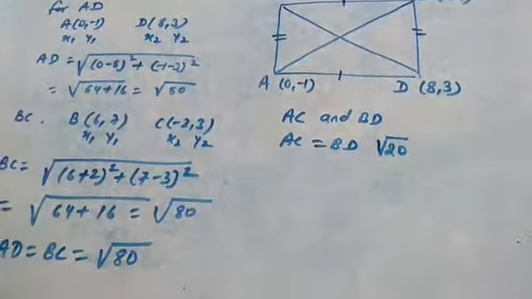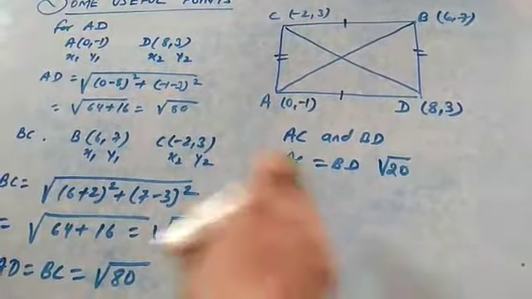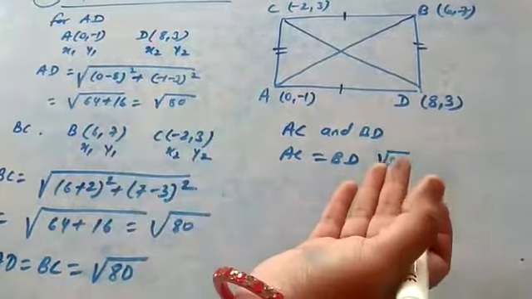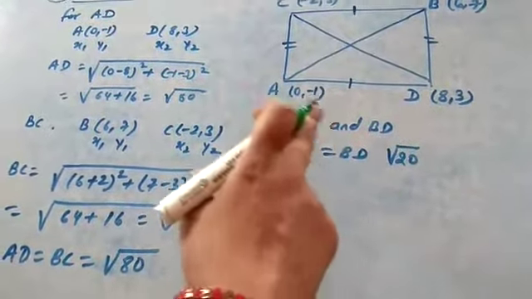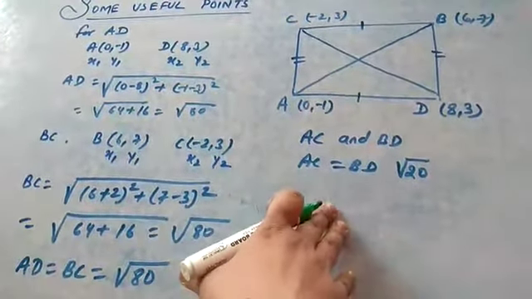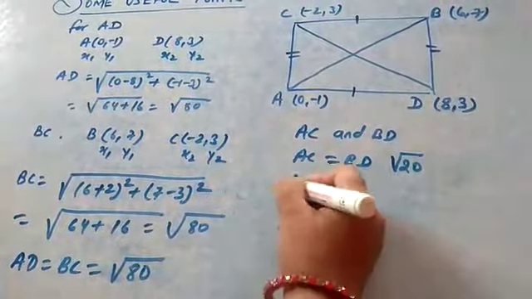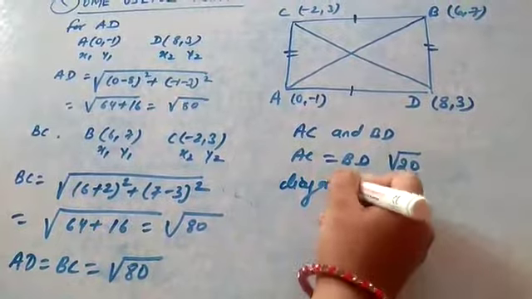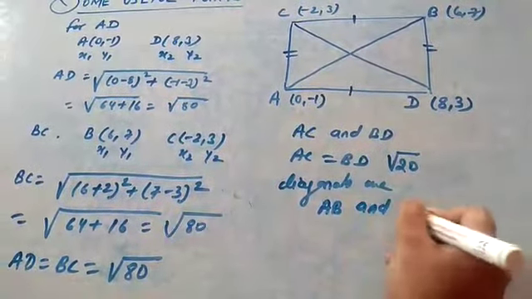So since the opposite sides of this quadrilateral are equal, we can say this is a parallelogram. But here we have to prove that it is a rectangle. So for that we have to find the value of its diagonals also. The diagonals are AB and DC.